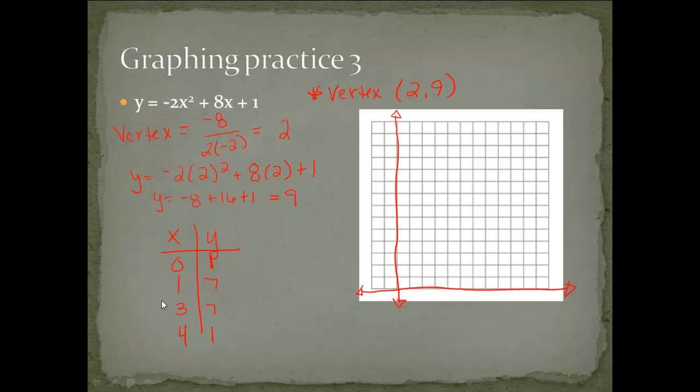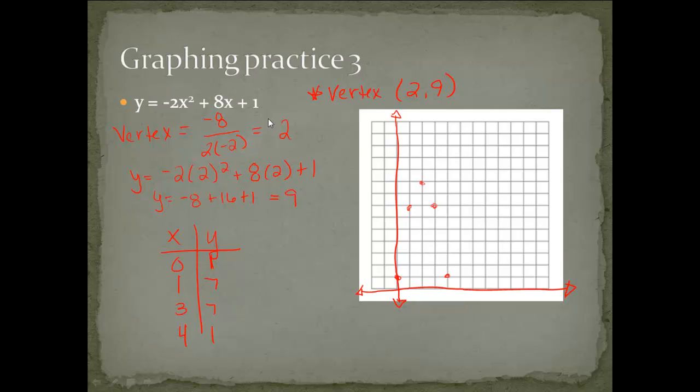Now, if you chose different x values, you'll get different y values here. So I'm going to go ahead and plot those points. And now this one's a little bit different than the one we had before.